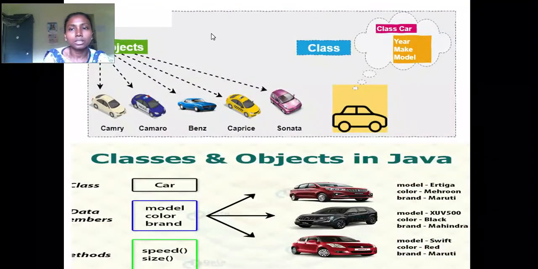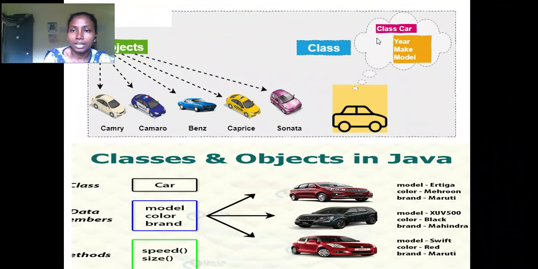Now here are some more examples. These are car names, some Indian, some not Indian: Camry, Camaro, Vinch, Caprice, Sonata. And the class is Car.